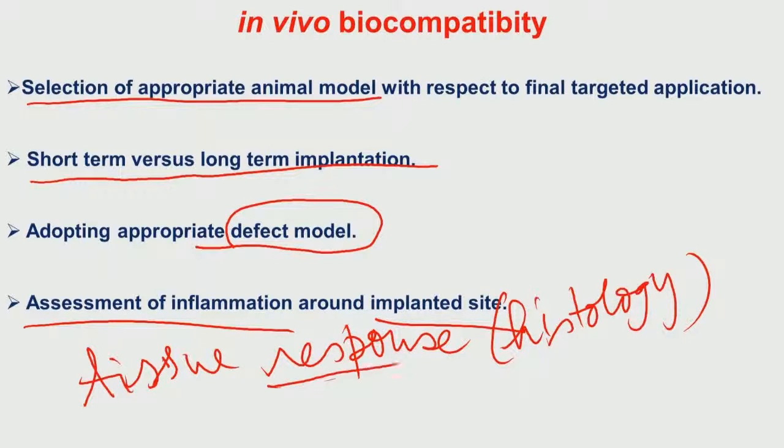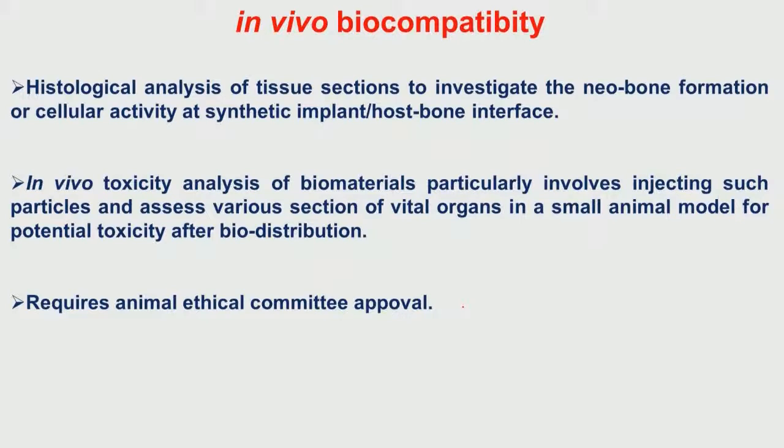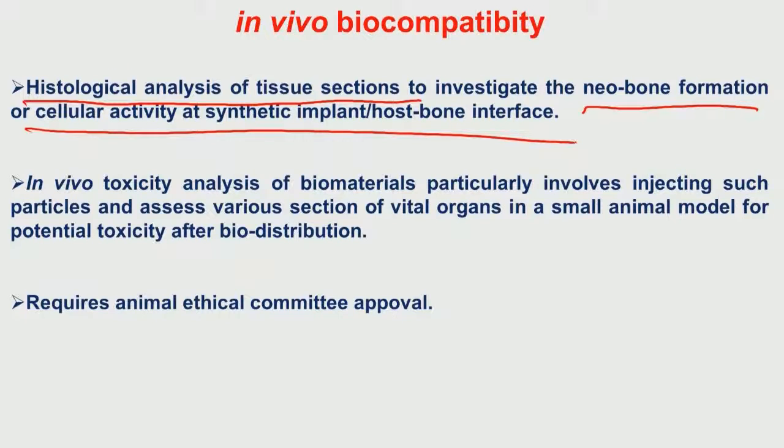This tissue response is important because there you can see whether an implanted material can cause toxicity to the cells in the neighboring tissue and so on. So, this point has been mentioned here, that histological analysis of the tissue sections to investigate neobone formation or cellular activity at the synthetic implant and host bone interface needs to be conducted.